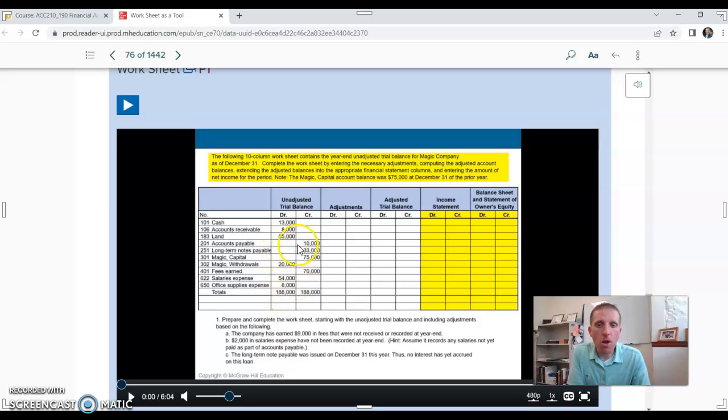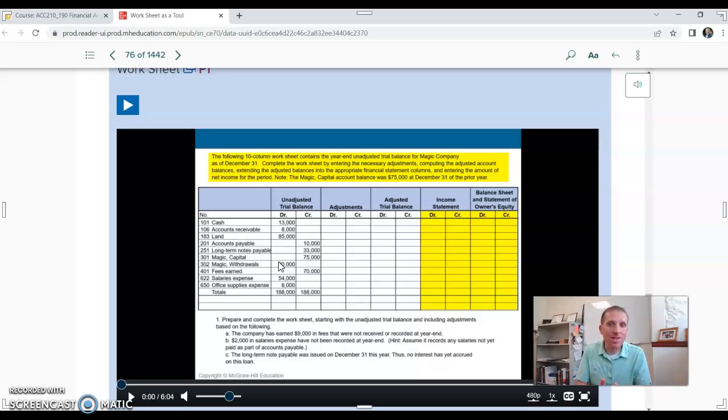What we're ultimately going to be working on is using this worksheet to first adjust our accounts to get them to an adjusted basis, like our insurance. That was an example from last week, where we prepay insurance and then have an adjustment to that account, which gives us an adjusted trial balance.